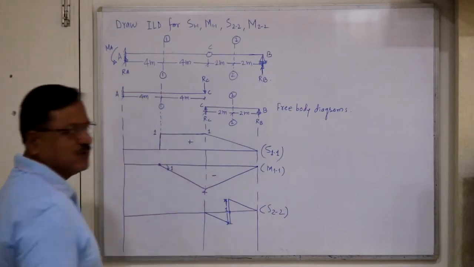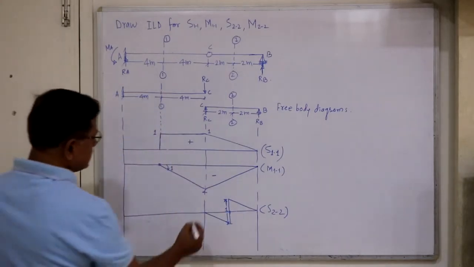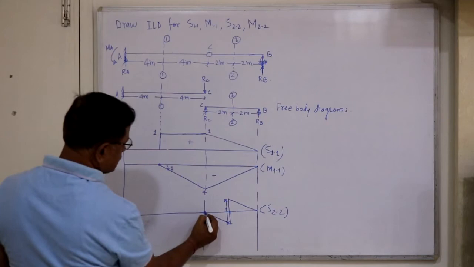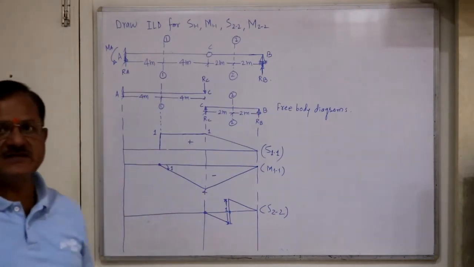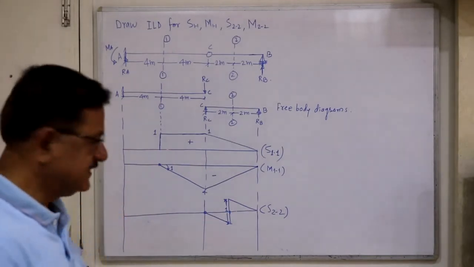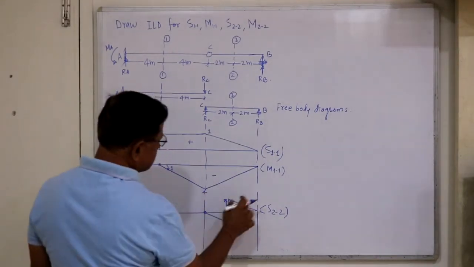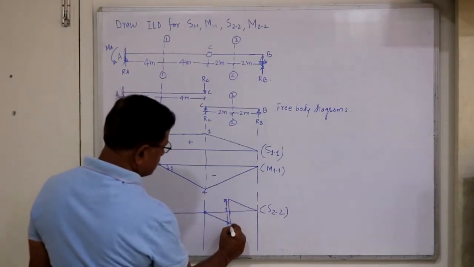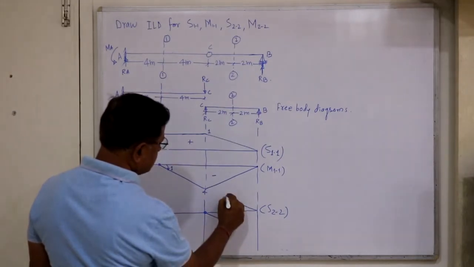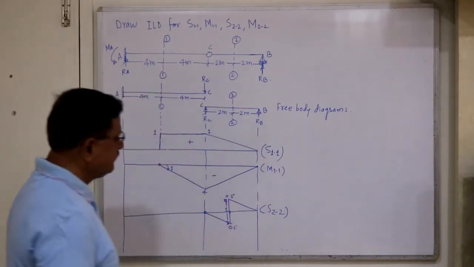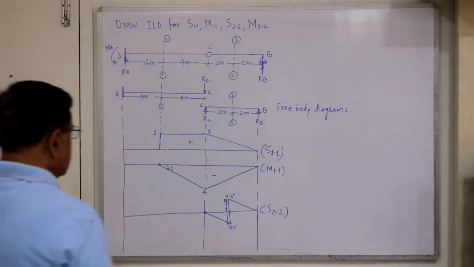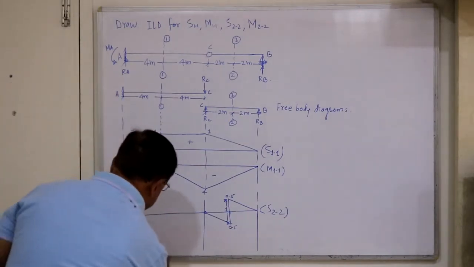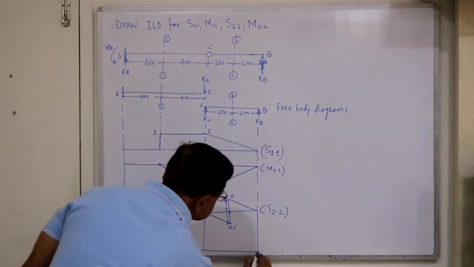Total shearing is 1. And remember, here there is a hinge, so this gets rotated. Since this is fixed, this part will not be disturbed, will not be deflected. Therefore, since the section is at the center, we will get this as 0.5, this as 0.5. So this is S22, the ILD for S22.